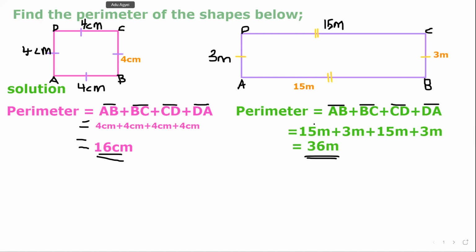When you walk around this shape, which is a rectangle, you cover a distance of 36 meters before you can walk around the shape. So the total distance around this rectangle is 36 meters. Let's proceed.